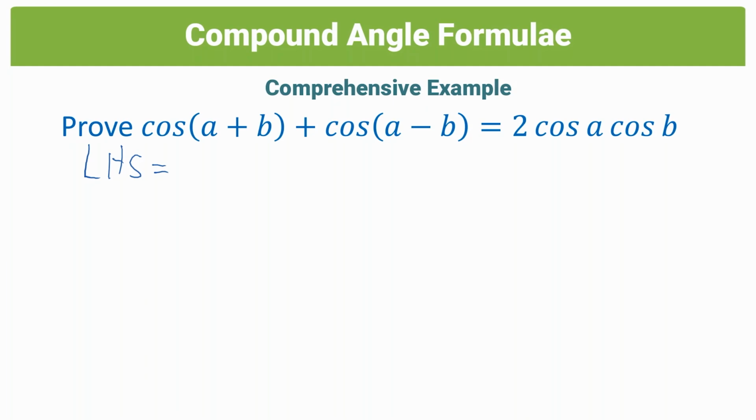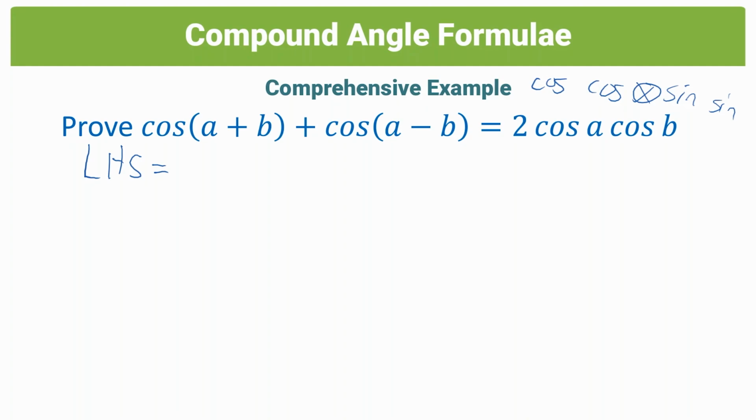So we'll just apply our expansions for these compound angles, which, in the case of cos, is cos cos, sine sine, and a change in sign, right?